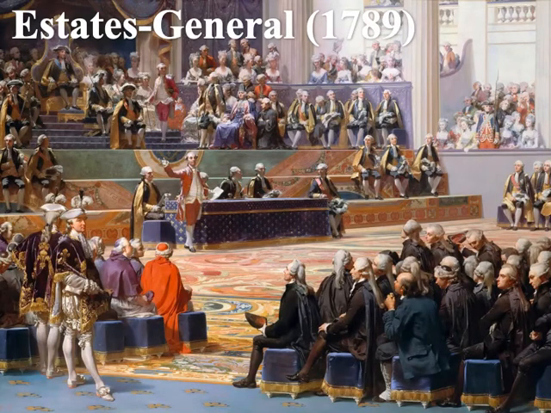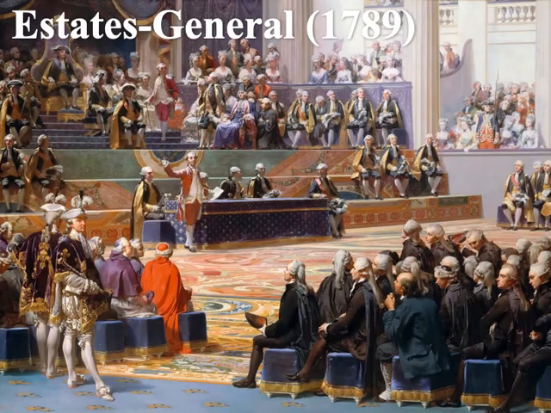Now, as the Estates General meet in the village of Versailles and come together, the usual procedure, what had happened to the Estates General, is that the first estate and the second estate would always outvote the third estate. They would vote by block. The first estate would get a vote, the second estate would get a vote, and the third estate would get a vote.